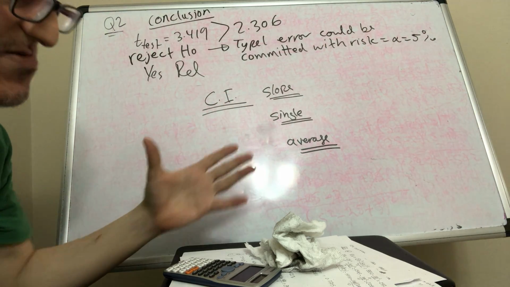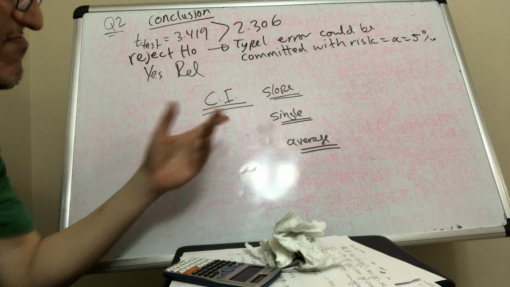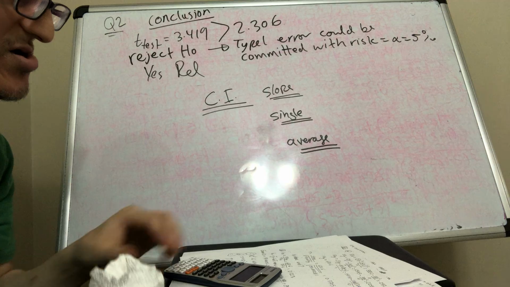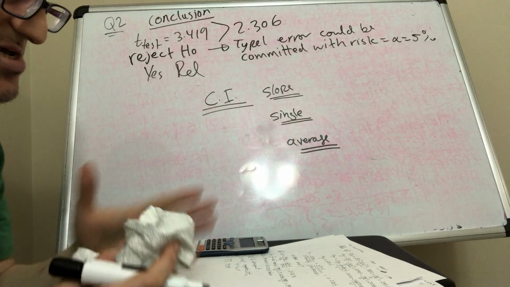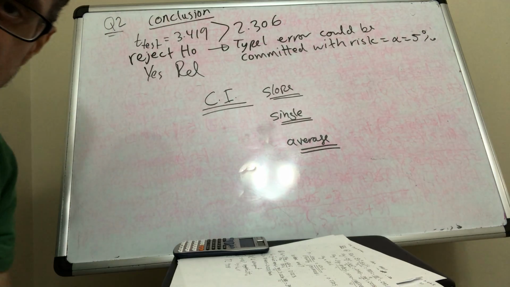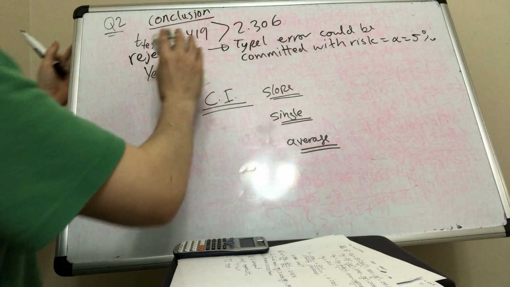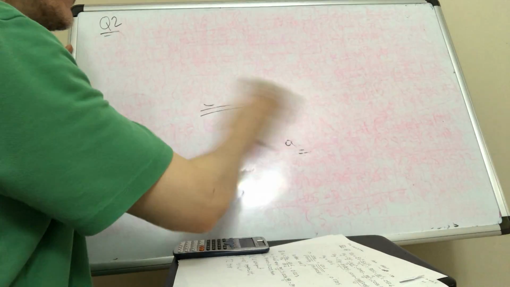In terms of the concept, it's pretty much the same, but with different formulas and a little bit more work, just to be on the safe side and know exactly everything you need to know about regression. So this is all for question number 2.